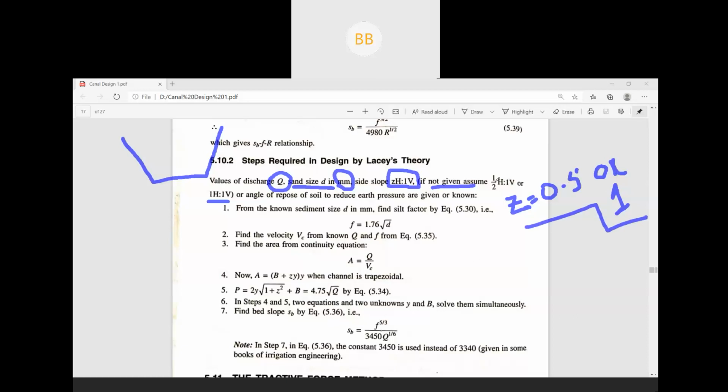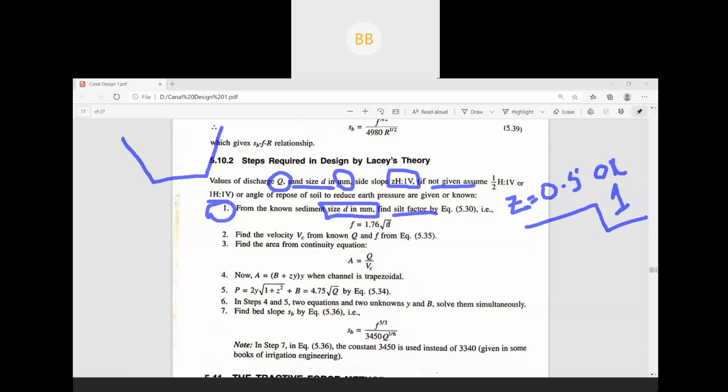So the first step, from the known sediment size, that is the bed material. Always remember the size of the bed material should be in mm. If it is not in mm, then you have to convert it into mm, and then you find the silt factor by this equation: f is equal to 1.76 root over d.